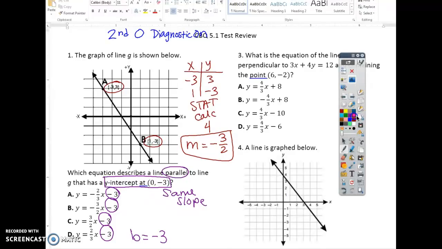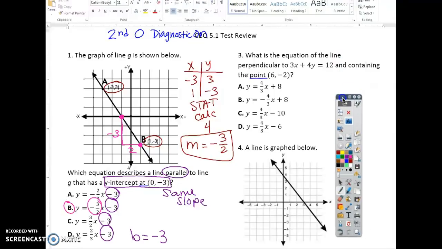Or you could have picked pretty points right here and right here and done rise over run. Rise is a -3 because you went down 3, and the run is 2. So the only one that has a slope of -3/2 is B. And that's what I want you to do tomorrow on the test.